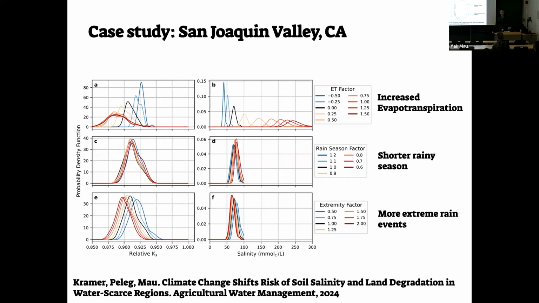Here we expect the temperatures to rise, so it increases the atmospheric demand. What will happen when we have shorter rainy seasons, and what will happen when you have more extreme rainfall events? Maybe the total amount of water in the winter will not change so much, but if you have fewer events, each event is stronger. This is very important.